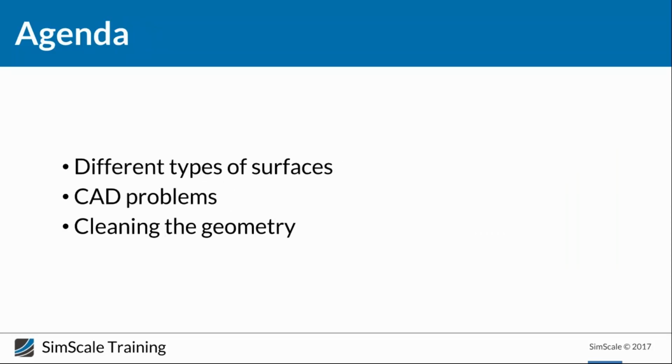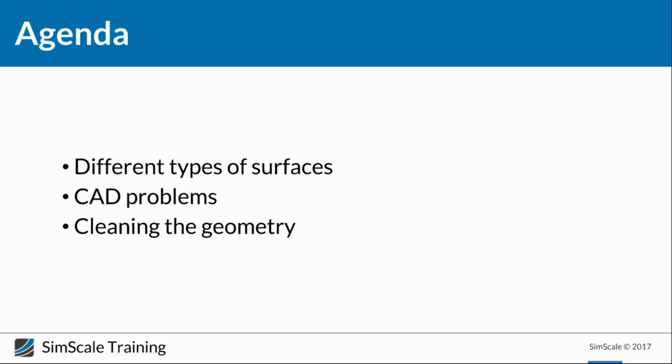So the agenda for today. First of all, we're going to talk about the different types of surfaces. When you model geometry using CAD software, there are different approaches, from tessellated surfaces to NURBS surfaces. We're going to talk about this in the first part. The second part will be CAD problems.